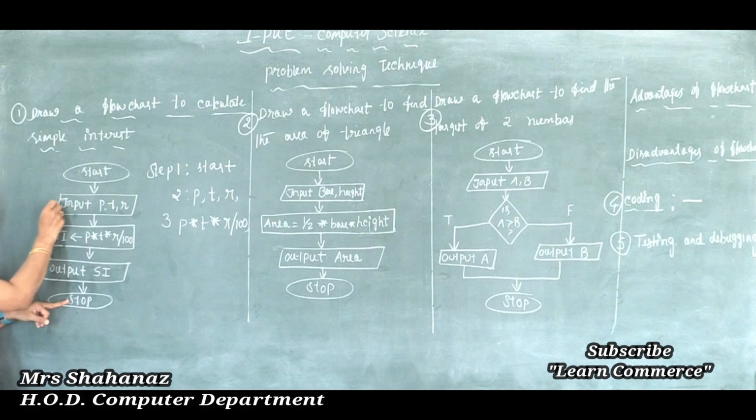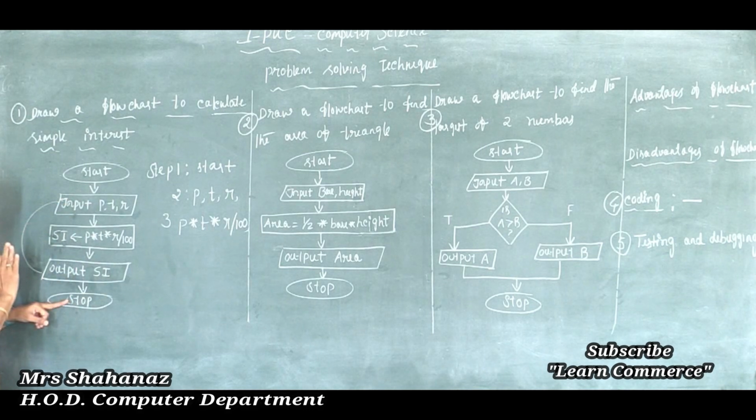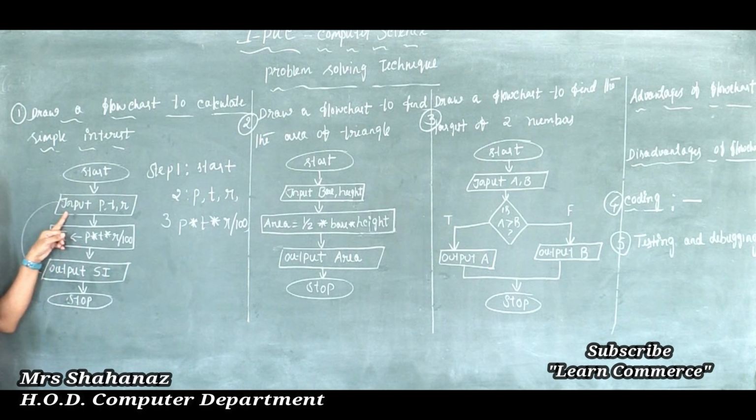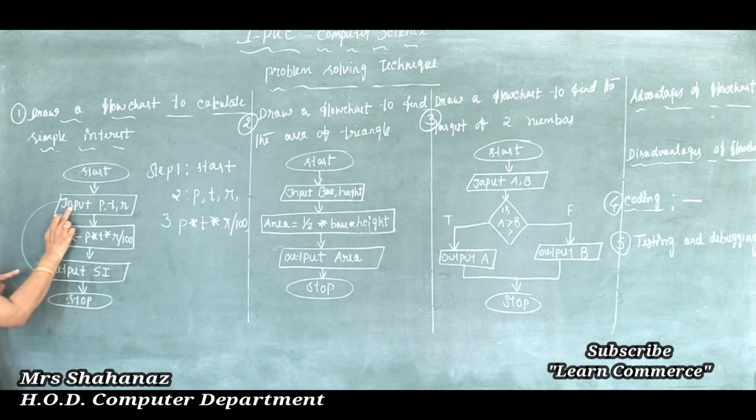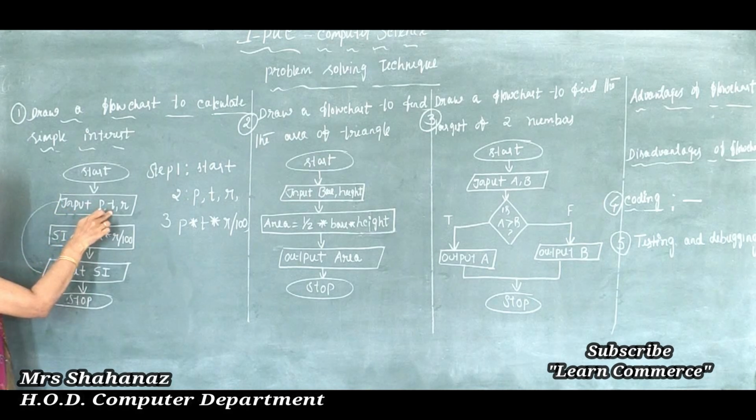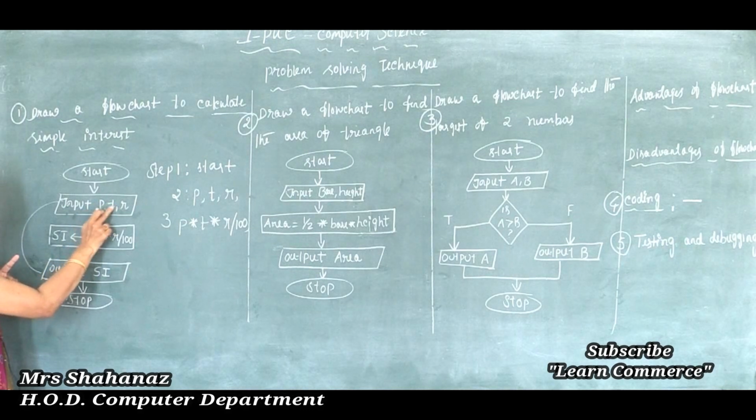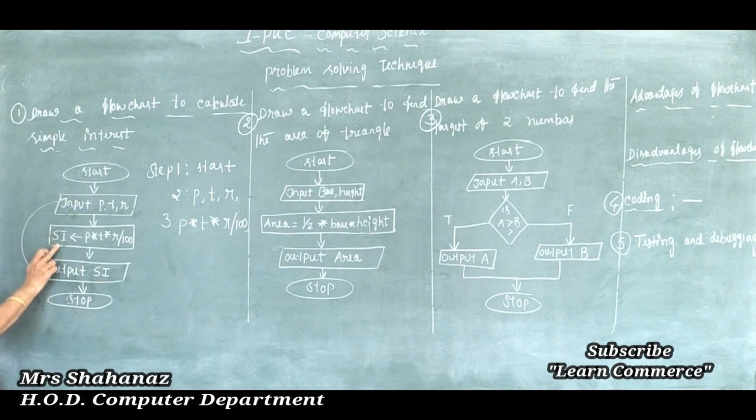And to input and output data, to input the data or display the result, we use the input and output symbol. Using the input symbol, I added the variables we need to calculate the simple interest: P, T, R, principal, time and rate. Then P into T into R is divided by 100 using the process symbol, and we get the simple interest.